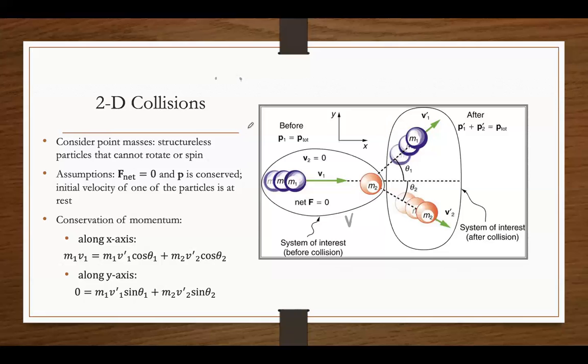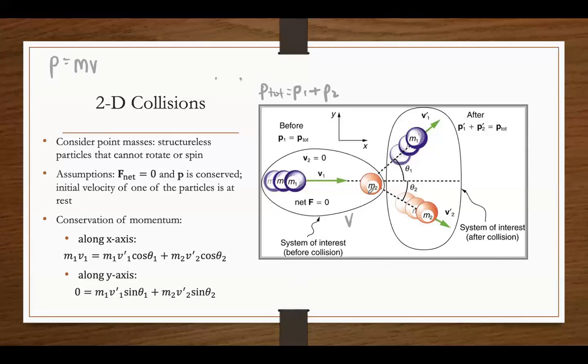So our equation for our total momentum here is going to be our first momentum, P1, and our momentum of M2, so P2. Remember that momentum is mass times velocity. Now we have two different masses, M1 and M2, and V1 and V2 are different.